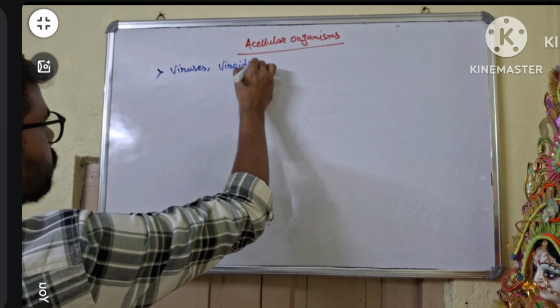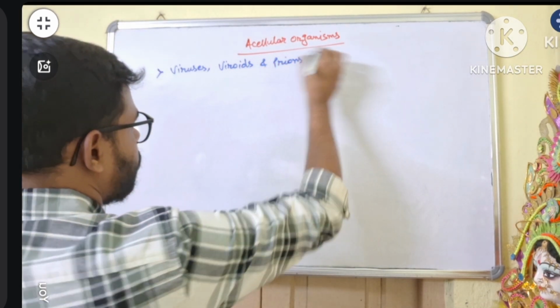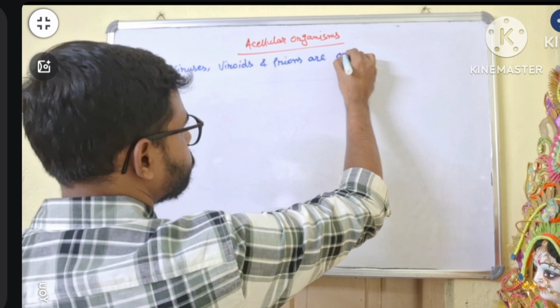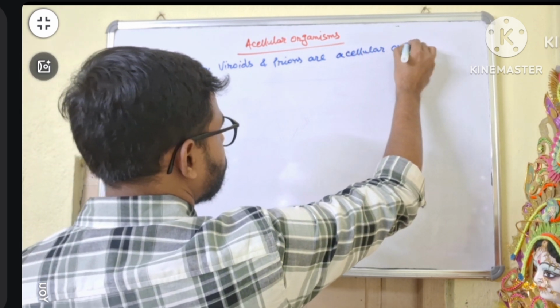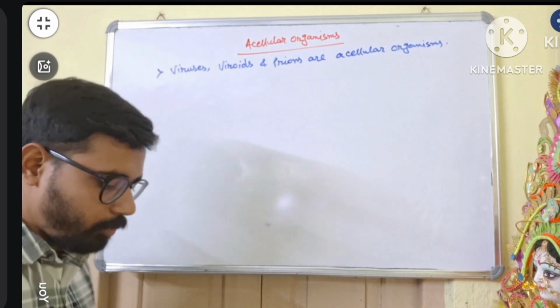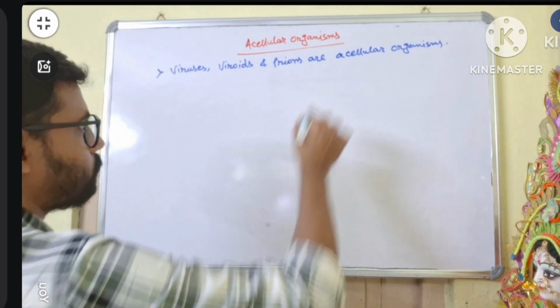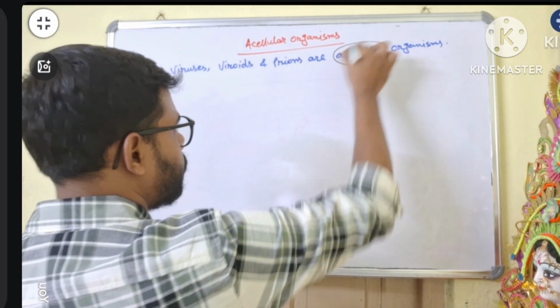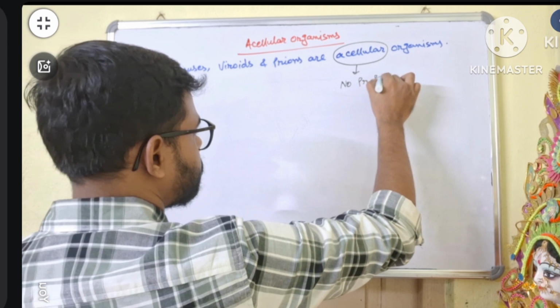Viroids and prions are acellular organisms. Why? Because it is clear from the name, acellular means there is no proper cell structure.